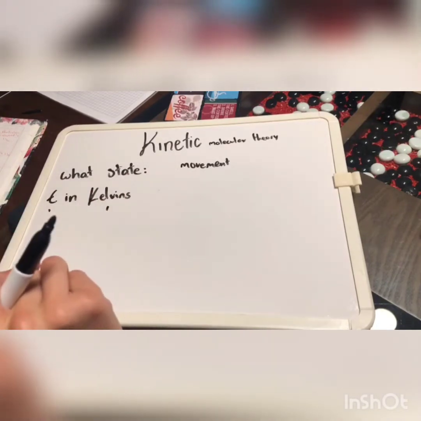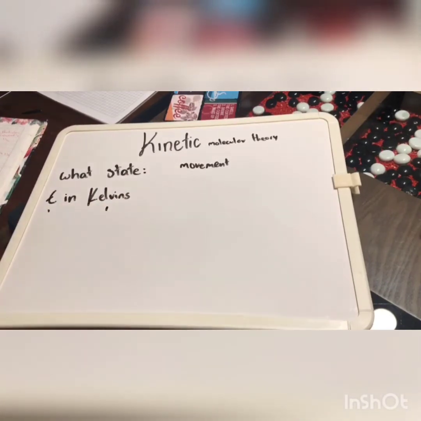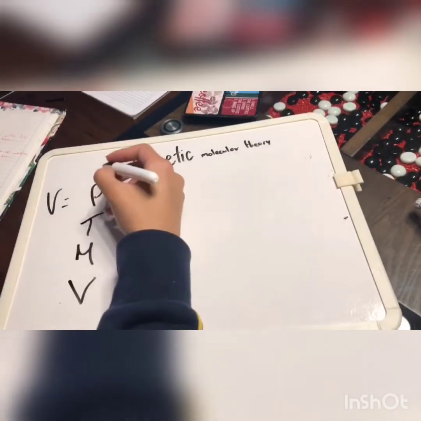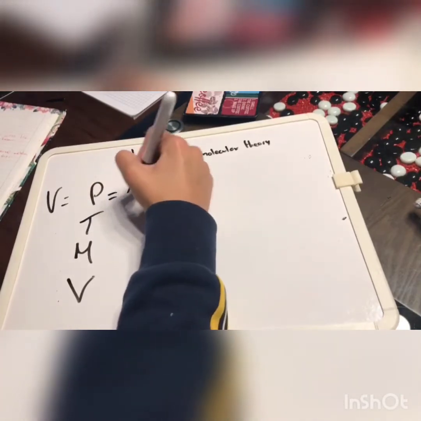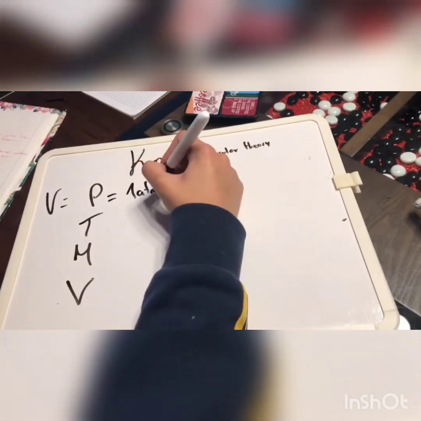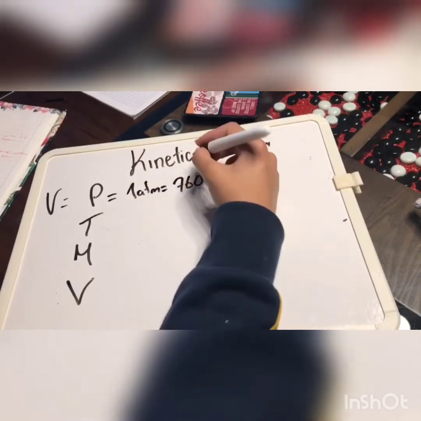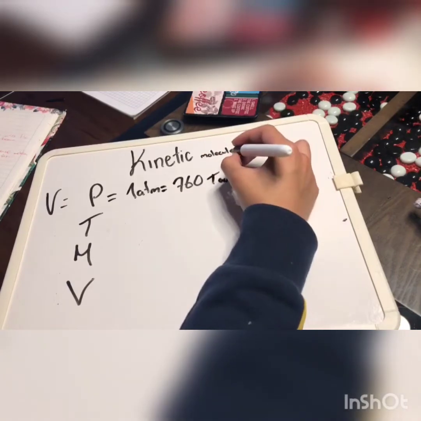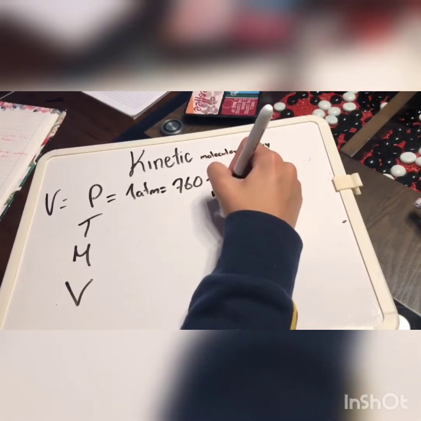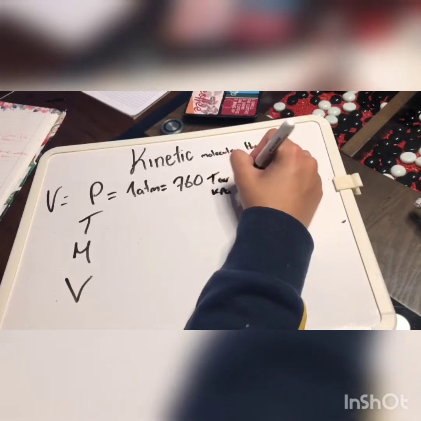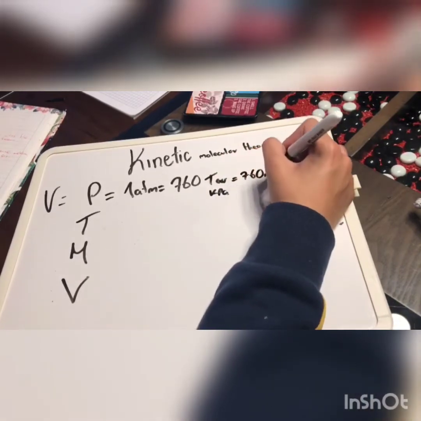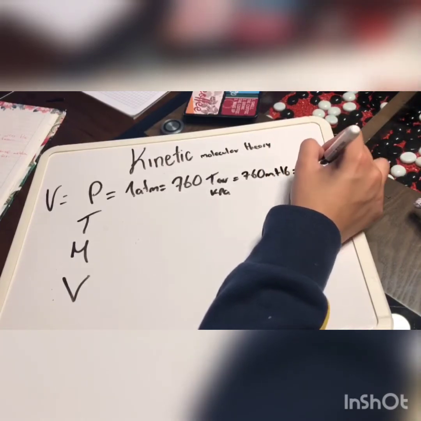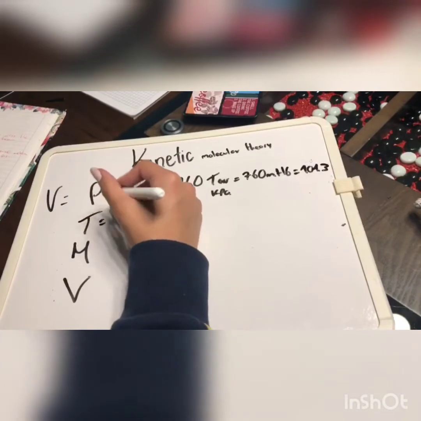So we are going to make an example, an exercise. So here we have the variables that we use in the kinetic molecular theory. The P is for pressure, as you already know, and it is equal to... we have T for temperature that I already mentioned.